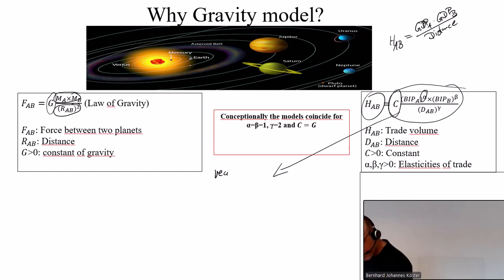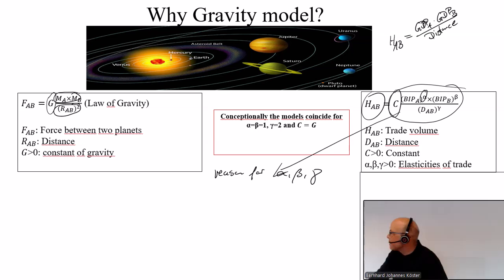The reason for alpha, beta, and gamma is that we can very nicely interpret these exponents as the trade elasticity of GDP of A, GDP of B, and the distance.